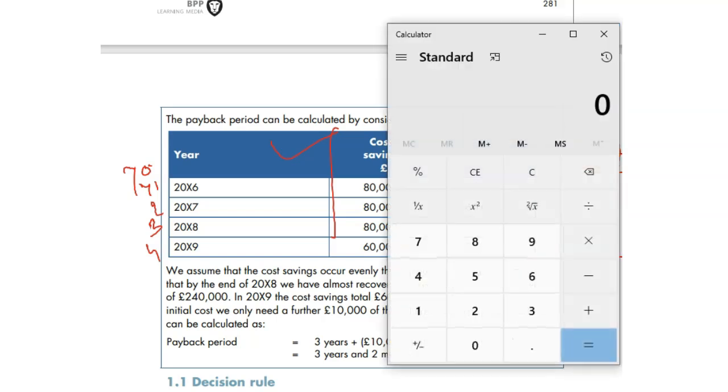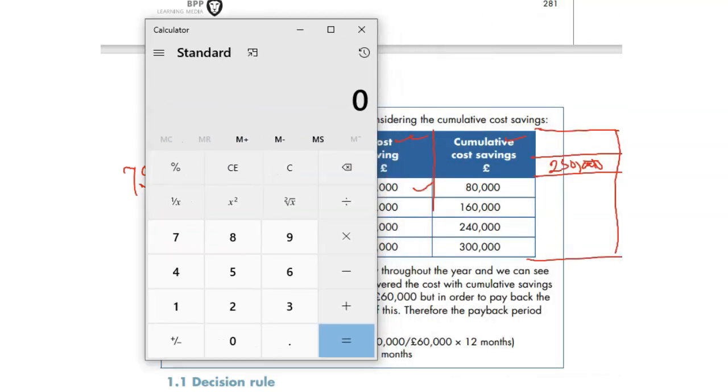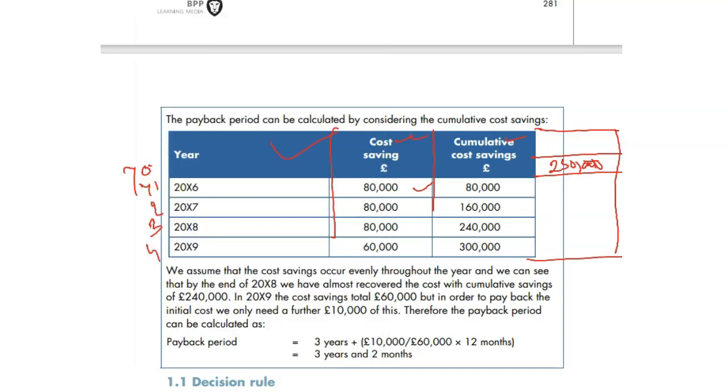Taking the calculator on screen to do a little work. 250,000 is an investment, so it's a minus figure, minus 250,000. But if you add 80,000, how much is still minus? 170 is still minus, because we received 80,000.